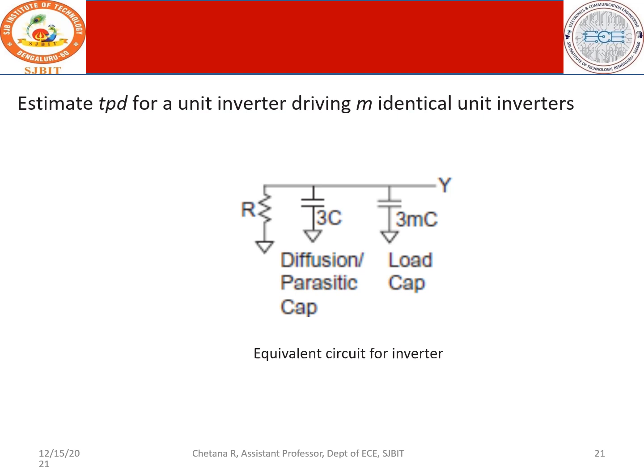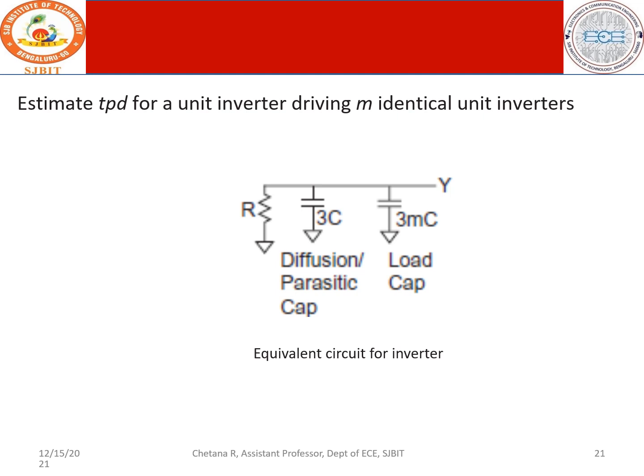On the same grounds, we will now try to estimate the propagation delay for a unit inverter. So the unit inverter has been reduced to the equivalent circuit, and it has R as the resistance and the capacitance is 3C, which is considered as the diffusion capacitance or the parasitic capacitance, and across the output there is the load capacitance, given by 3MC.